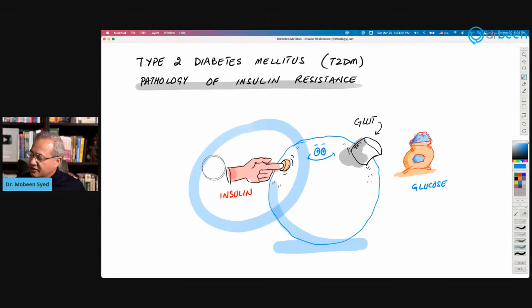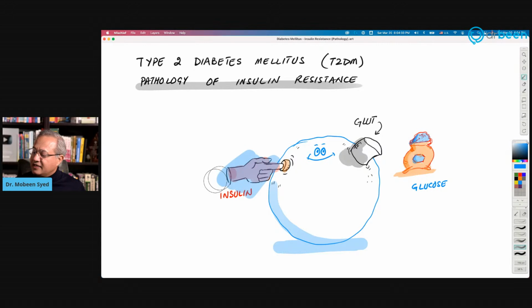So if you see here, this hand is the insulin. When insulin is present, it will bind to a receptor on the cell, the insulin receptor, and it would create a set of actions within the cell. This is like ringing the doorbell.